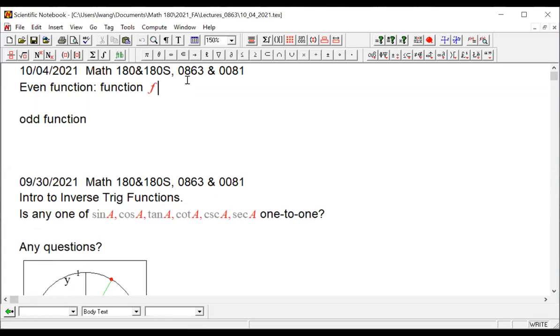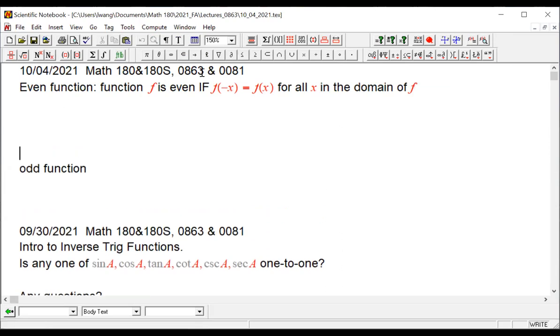You may like to put this on your flashcard. Is even if, there's an if statement here. If what? If f of negative x is equal to f of x, for all x in the domain of f.